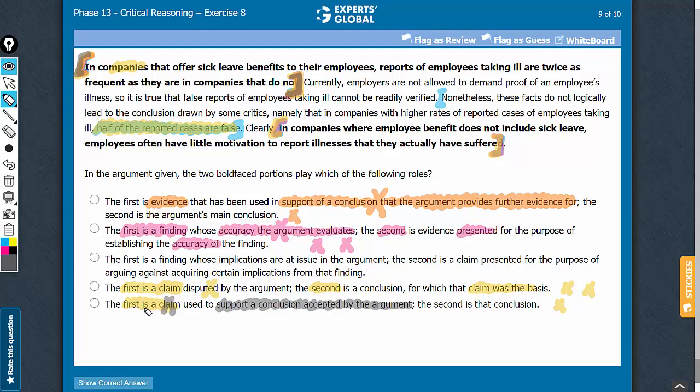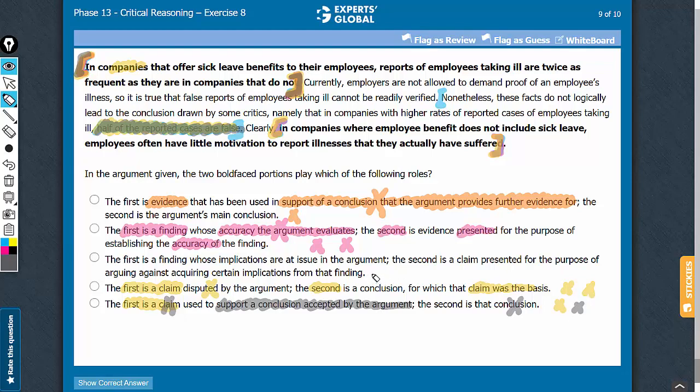The conclusion that this claim may support is that the cases may be falsely reported and the argument is against it, and therefore to say that the second is that conclusion is also incorrect. The second is in the favor of the main conclusion here, which is to say that the cases reported were not false. So a lot wrong with choices D and E.